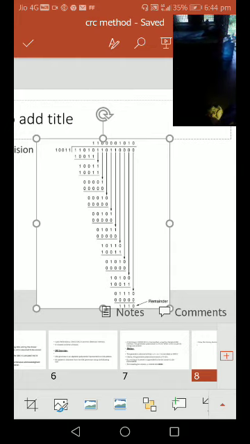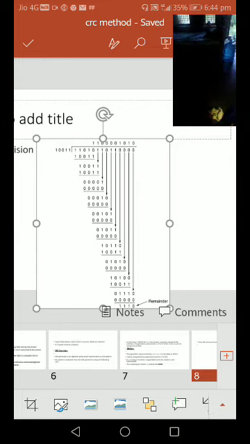Here the most significant bit with data will be 0, discarded. The remainder we have to get is 0011.